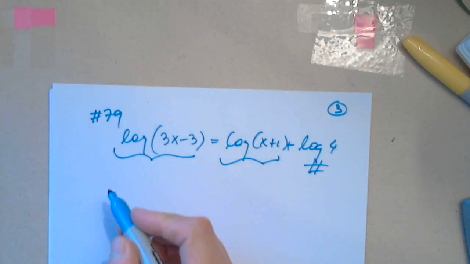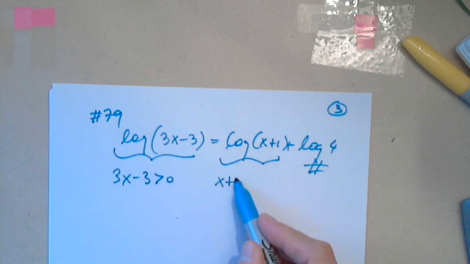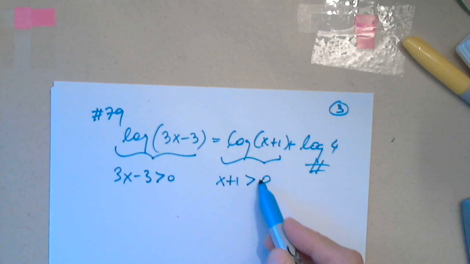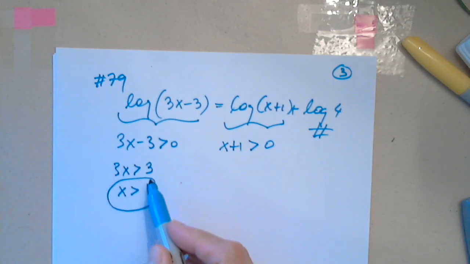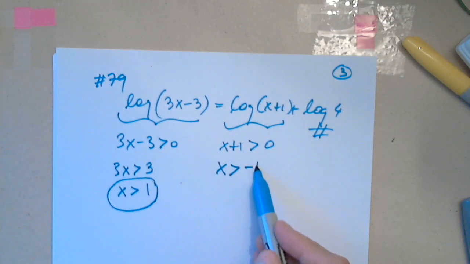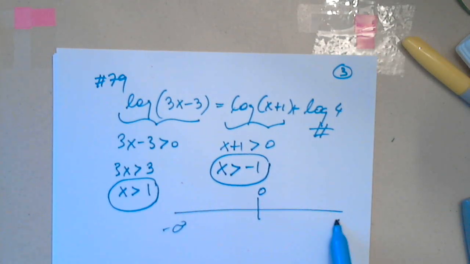3x minus 3 is greater than 0. Excellent. And x plus 1 is greater than 0. Very good. So then 3x greater than 3, or x greater than 1. And this one is greater than negative 1. Now we can picture it on the real lines. It's easier for me to explain how we choose the common domain.